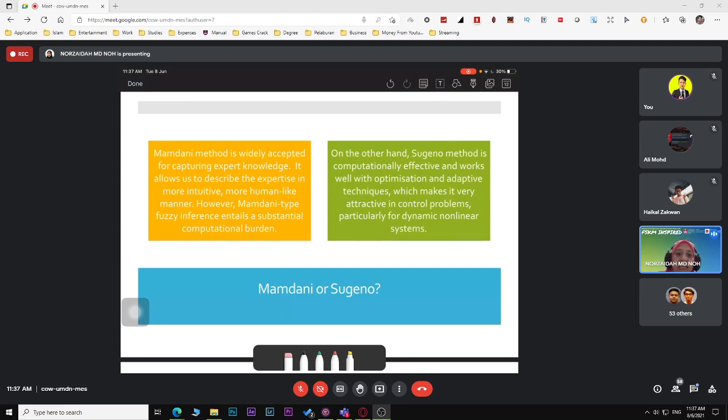However, Sugeno method is more effective computationally, and it works very well in optimization, because the value is very specific using some mathematical formula. So it is much more attractive in control problems and dynamic nonlinear systems. So usually if they are developing a fuzzy system for machinery, for control, they will use Sugeno style.